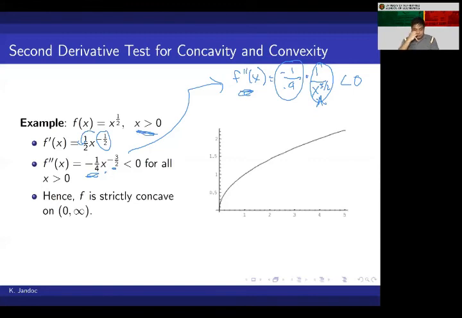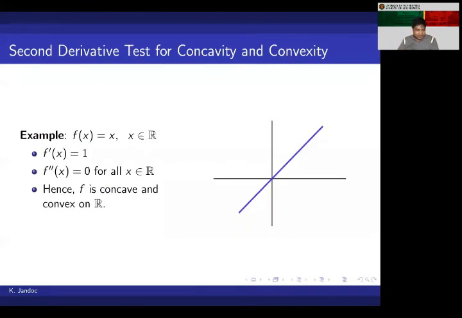So by the theorem, you have your second derivative less than 0 for any x in the interval. In this case, the interval is 0 to infinity. Then this satisfies the definition of strict concavity. So the function f of x over here is a strictly concave function on the domain 0 to infinity. Good.